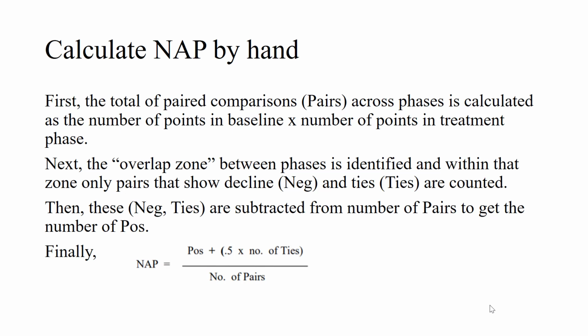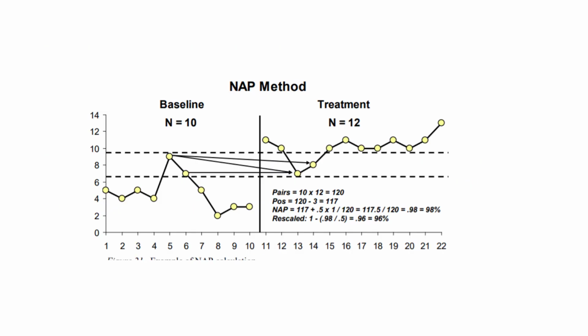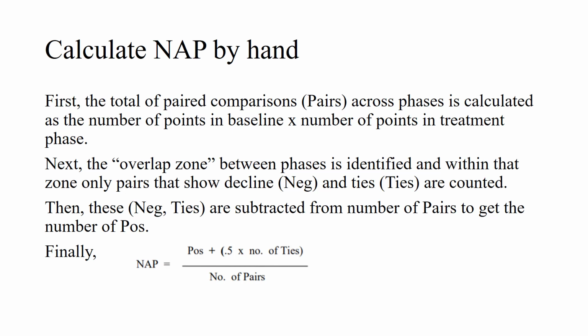You do that by figuring out the number of points in the baseline phase multiplied by the number of points in the treatment phase. Then you find this overlap zone, and I'm just going to advance ahead to show you the overlap zone here, the dotted lines that span across A and B. Within that zone, only pairs that show decline and ties are counted.